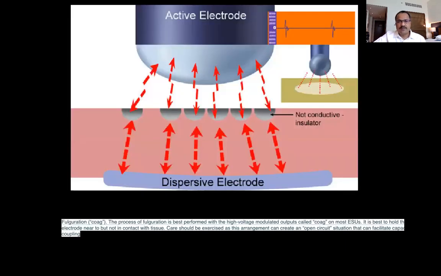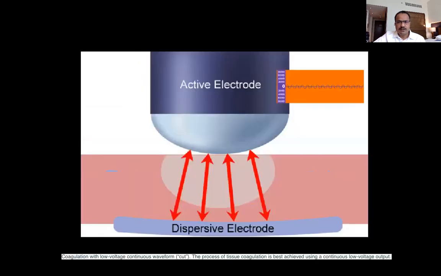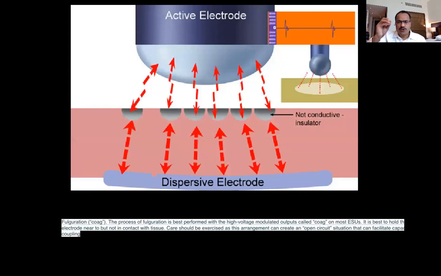Now, if you see desiccation here, this is actually showing the interrupted, that is the high voltage interrupted current. What happens because of this is, when you give high voltage current to the tissue, the superficial part immediately receives heat and gets burned, and then you have a cooling phase.